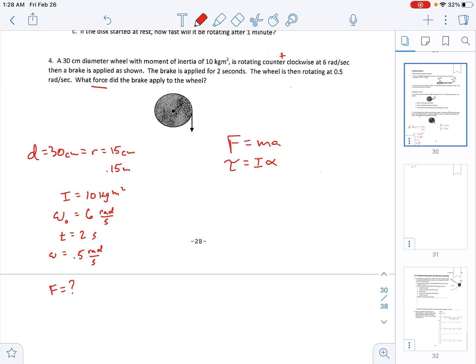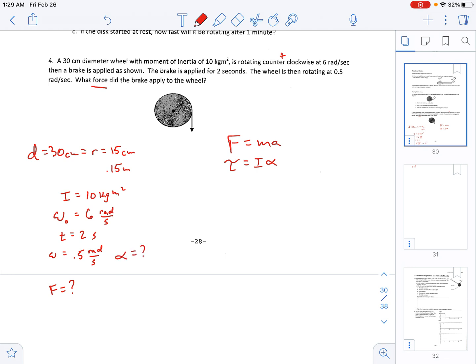So my first step is, since I'm given a bunch of stuff in kinematics, our omega 0, our time, and our omega, I'm going to solve for my alpha using kinematics. I have omega 0, time, and omega. I need alpha, right?